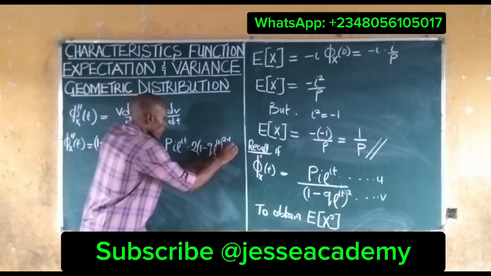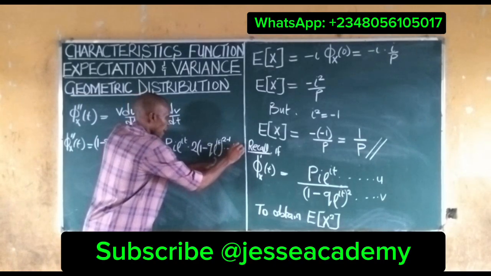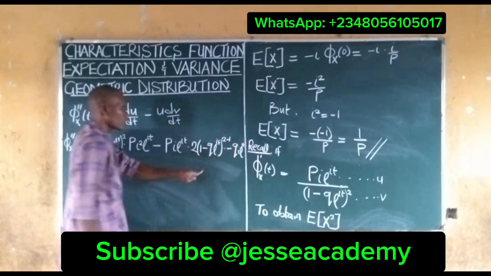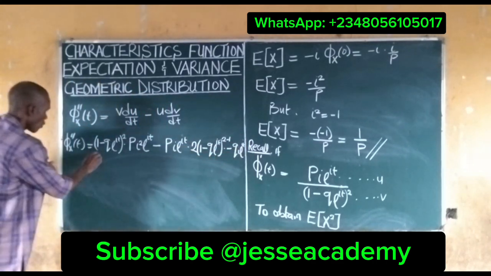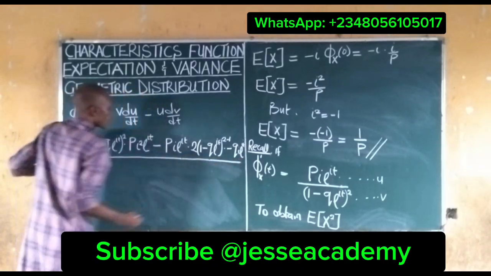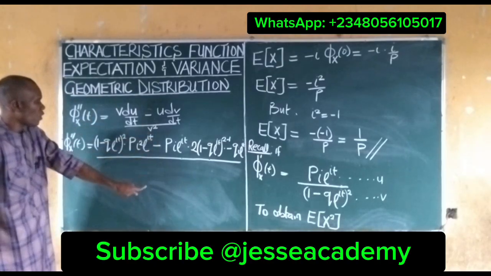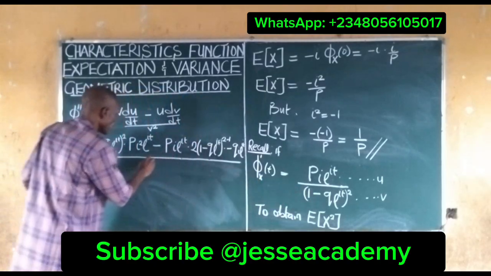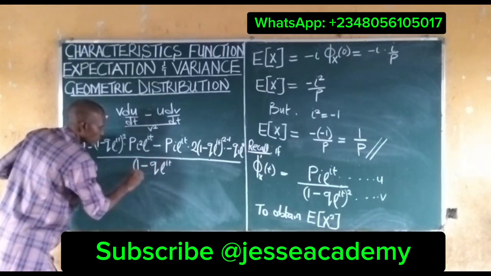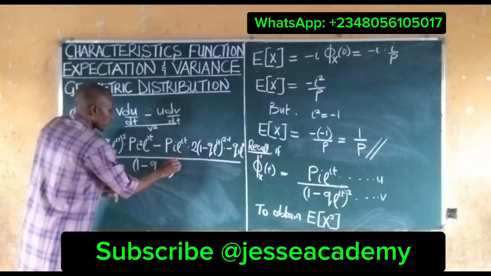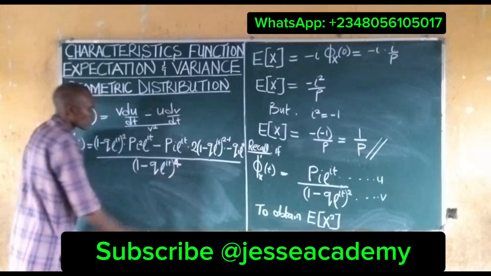So if we differentiate this function we have inside, we get negative q I exponential I t. So the characteristic function will come down again, all over v squared. Sorry, so we put our v squared. What is our v? This is v. So we write it as 1 minus q exponential I t. This time we have 2 here. It becomes 4 because of this square.